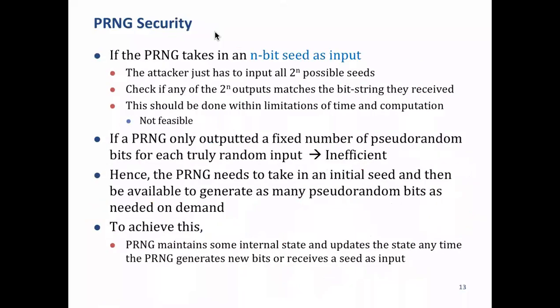So a pseudo random number generator takes an n-bit seed as an input. Now this n is fairly large, such that if an attacker wants to generate the seed, he has to try 2 raised to the power n possible seeds, and if n is large, then it's very difficult.